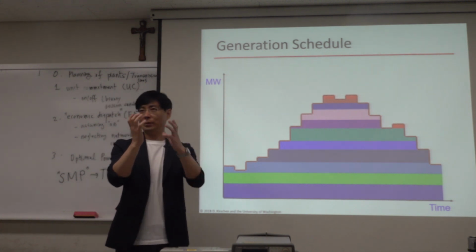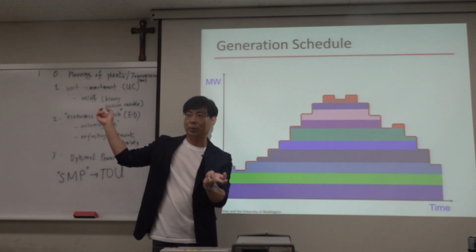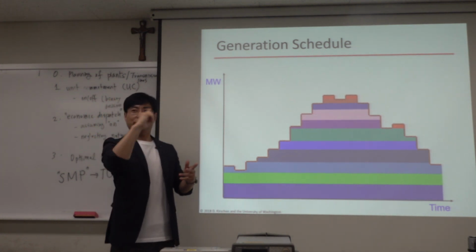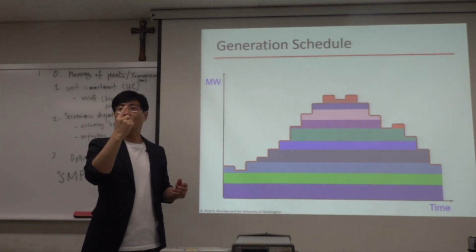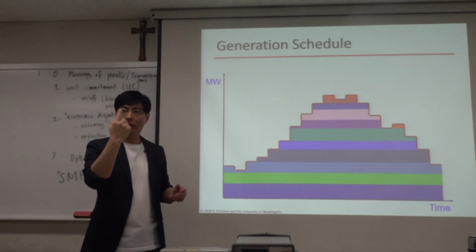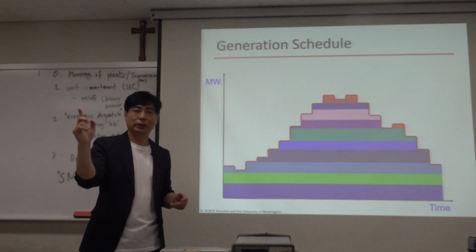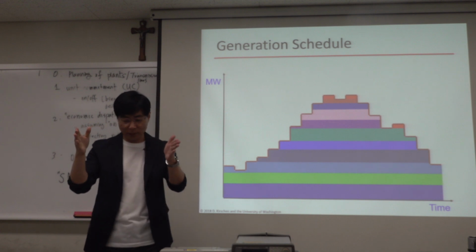Actually, I have that meter in my previous office, K237. When I turn on the air conditioner, it runs very fast and slow. And if I have a solar panel, it slowly stops and rotates counterclockwise. So when I generate, it rotates back.